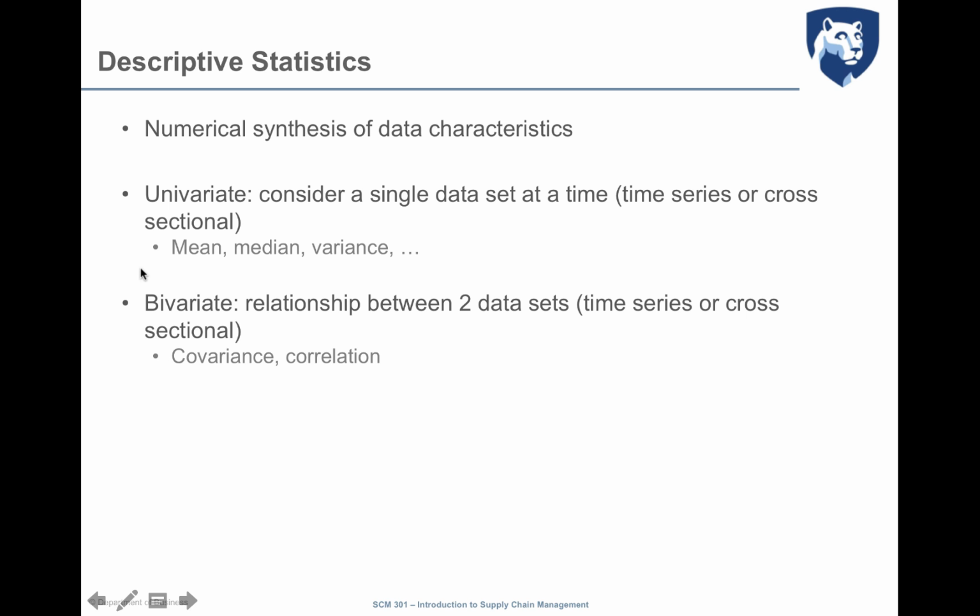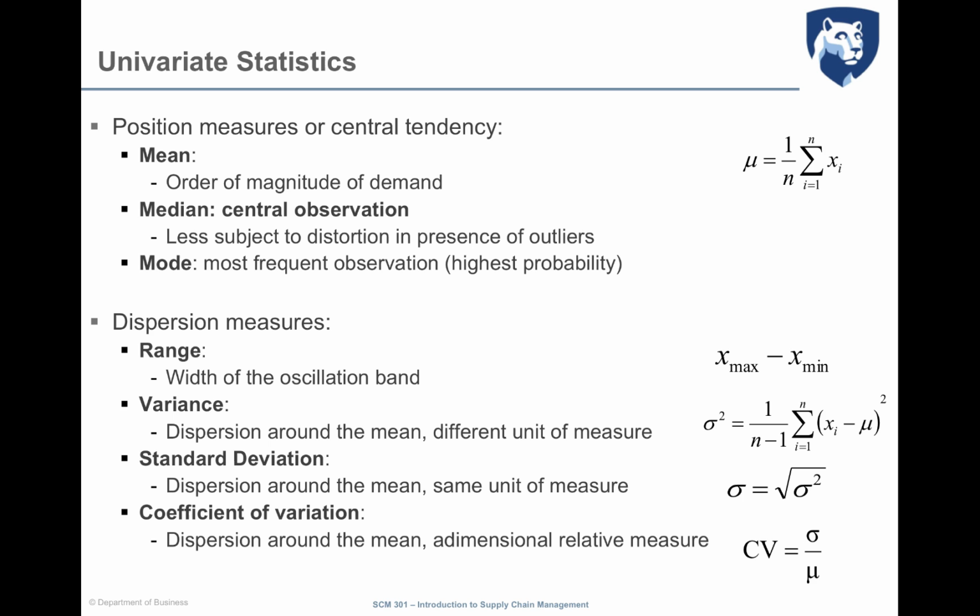Then, apart from visual representation, you can give descriptive statistics, so a numerical representation of the demand. Descriptive statistics can be univariate or bivariate. Let's start with univariate. I don't want to go through this, but univariate is all that you already see in statistics.